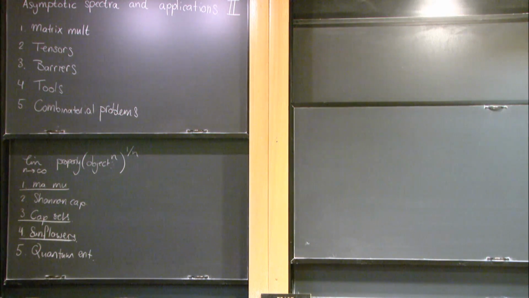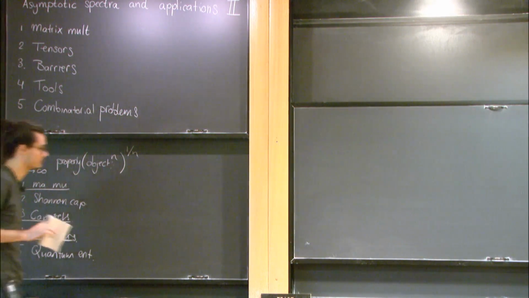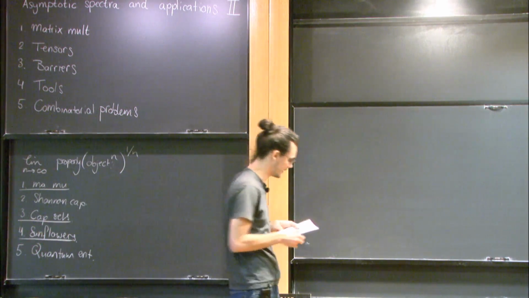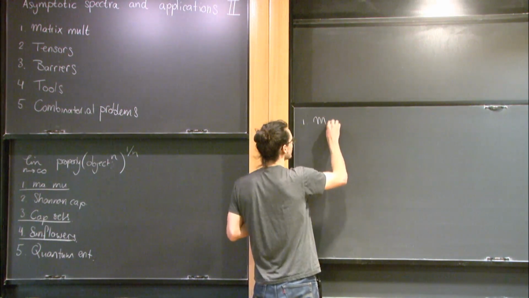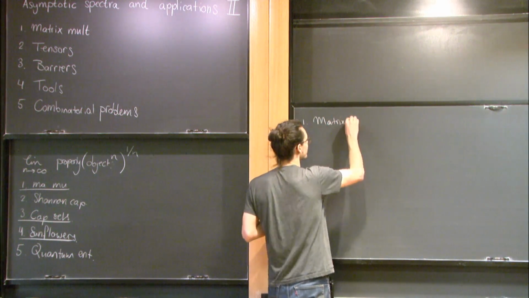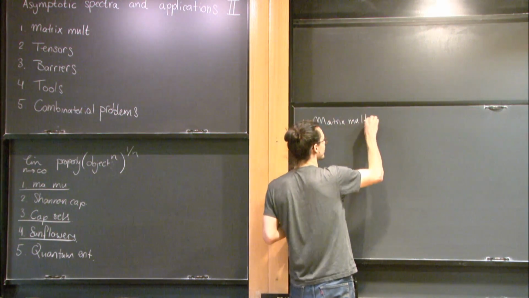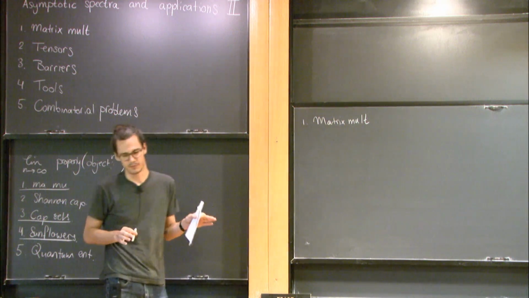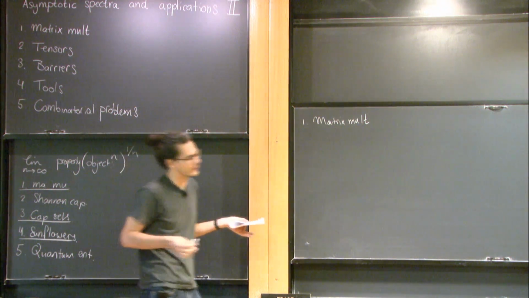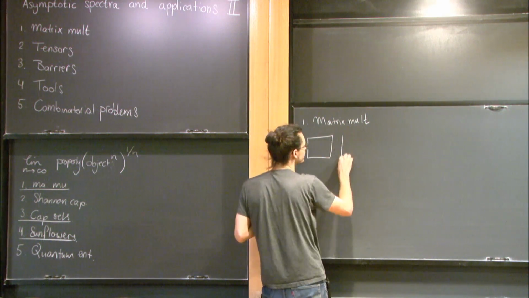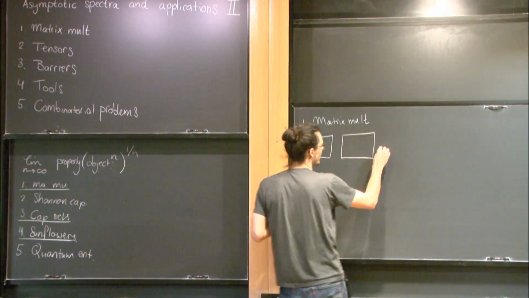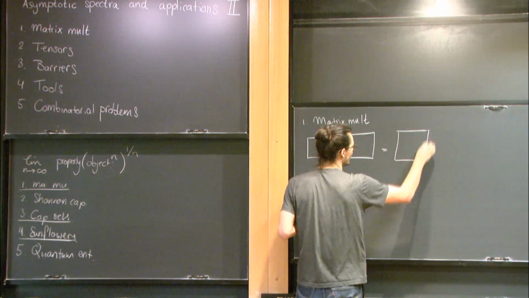Okay? Right, so let's start at the beginning again. So I want to talk about matrix multiplication. Let me just repeat the problem. So what is this problem about? We're given two large matrices, and we want to multiply them, right?